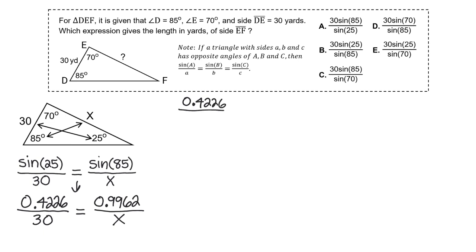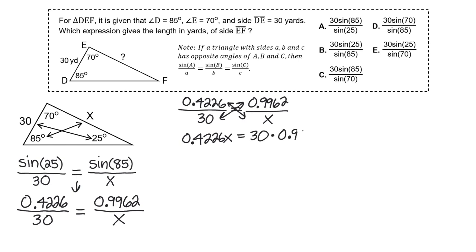0.4226 over 30 has to equal 0.9962 over x. Cross multiplying, you're going to get 0.4226x equaling 30 times 0.9962.